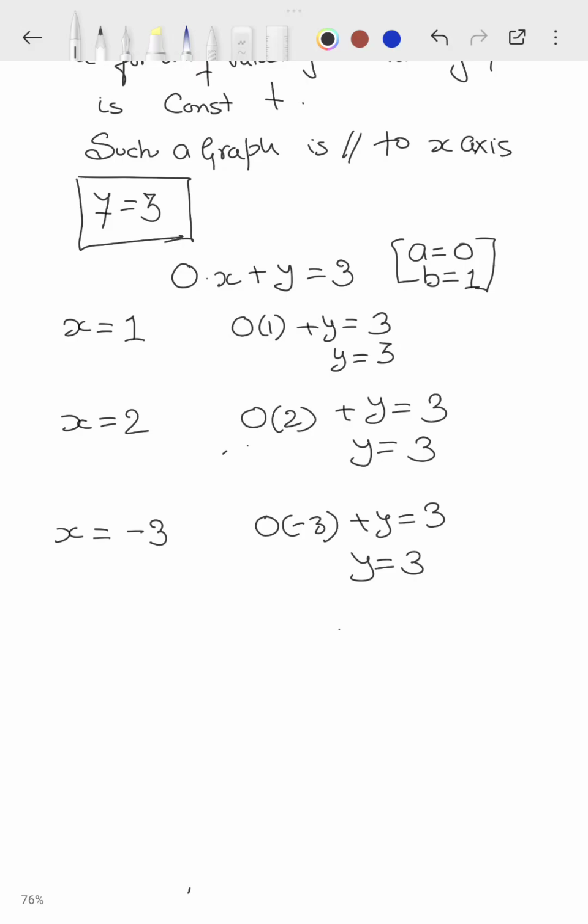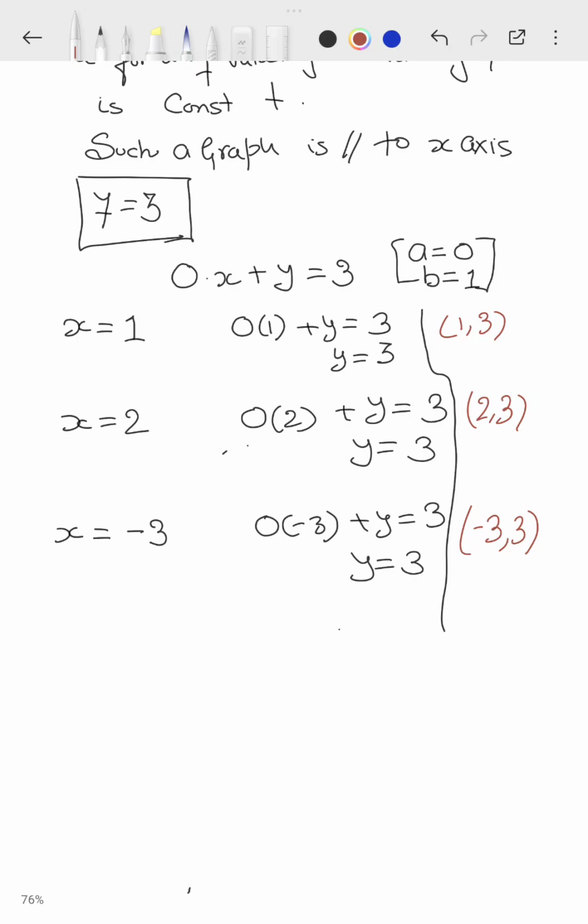So what we see, we get a few coordinates here. When x is 1, y is 3; x is 2, y is 3; x is minus 3, y is 3.